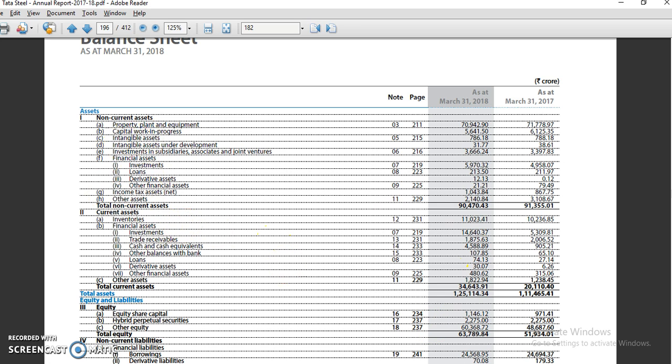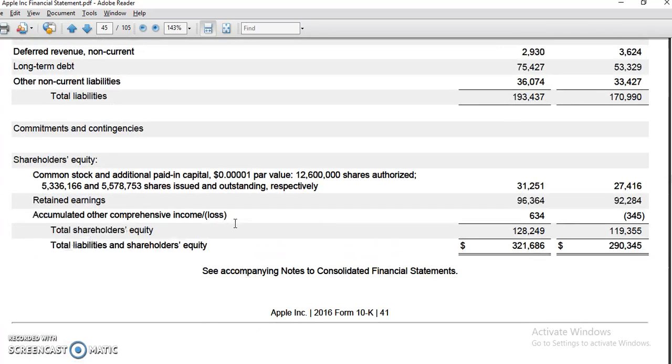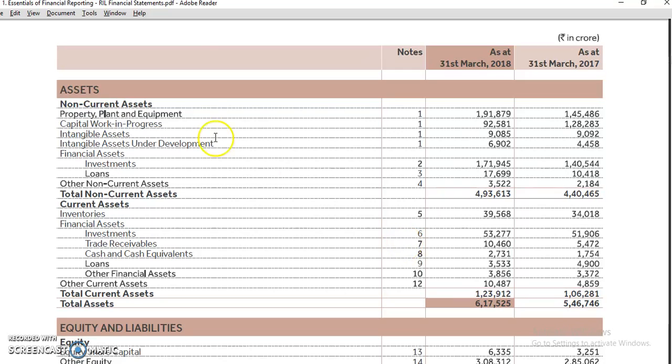This is essentially because of the requirement of disclosure by listing stock exchanges in India compared to stock exchanges in the US. For this course, we will be looking at this Reliance balance sheet, which is not too detailed, but is decent.